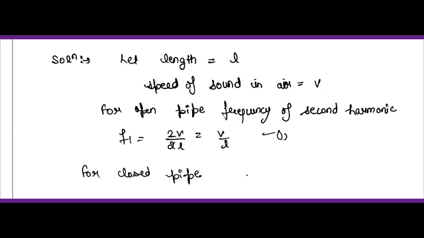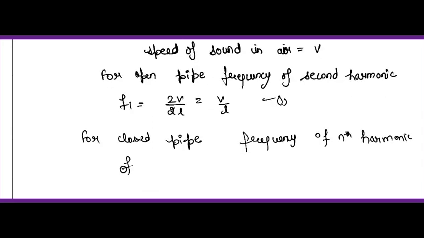the frequency of the nth harmonic, so this is f2, must be equal to 2 times n minus 1, divided by 4L, and this is multiplied by v, velocity, here.